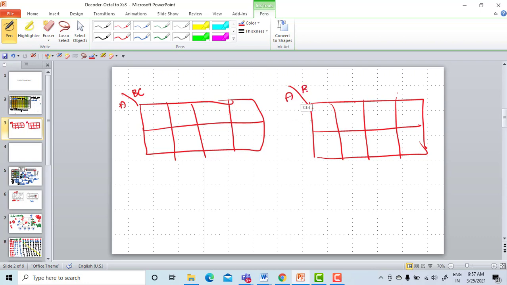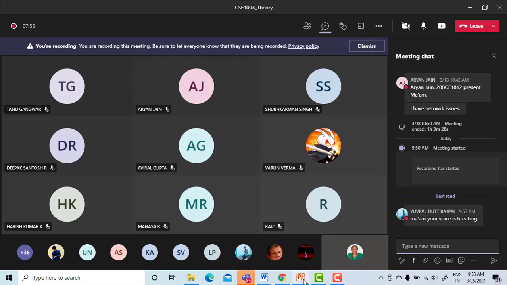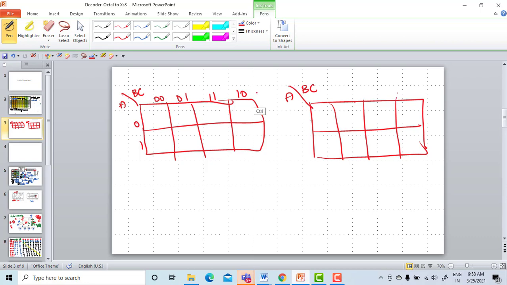So A, B, C, 0 1, 0 0 0 1 1 1 1 0. So this is for the x1, and this is for the output x2.